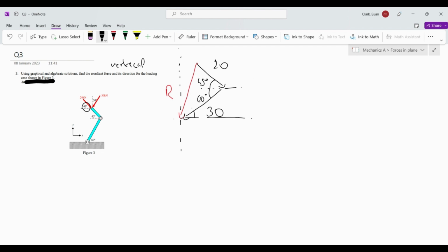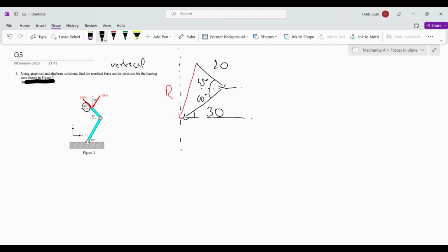So far, so good. The angle between the vertical axis and the horizontal axis is 90 degrees because the axes are always perpendicular.